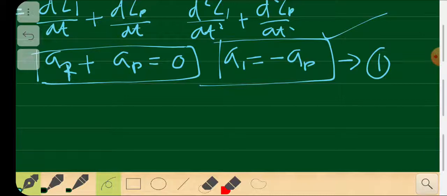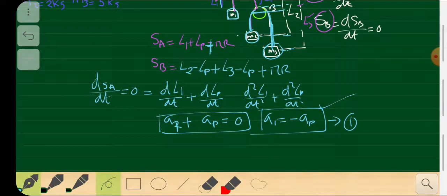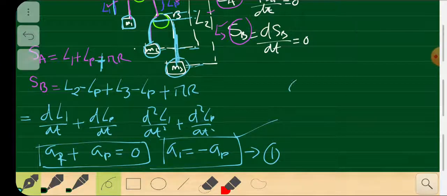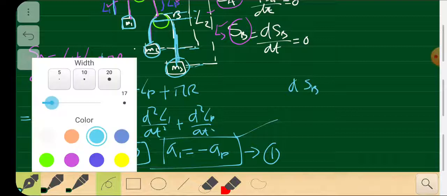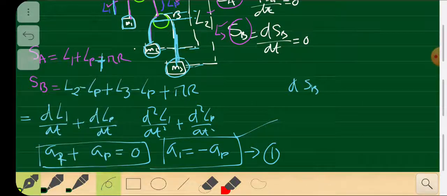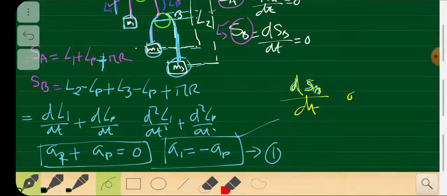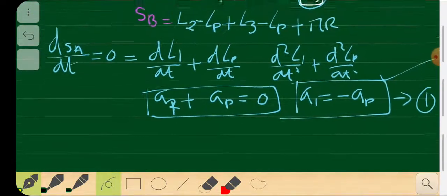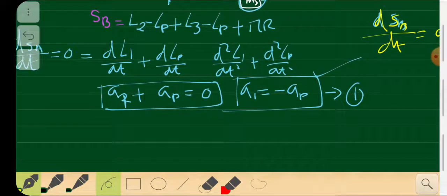Now in the second case, the same thing happens. For string B, dS_B by dt is equal to 0. This is going to be a little bit harder. So dS by dt is equal to 0, which is equal to dL2 by dt.